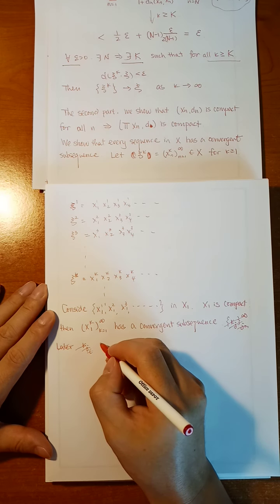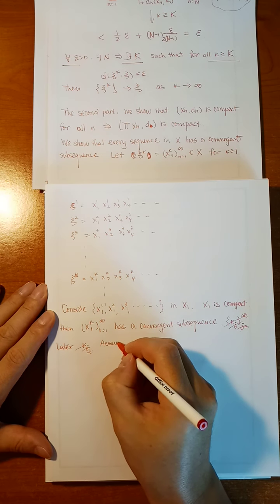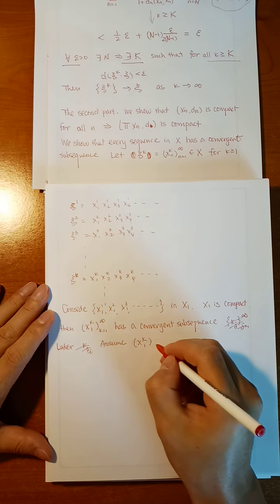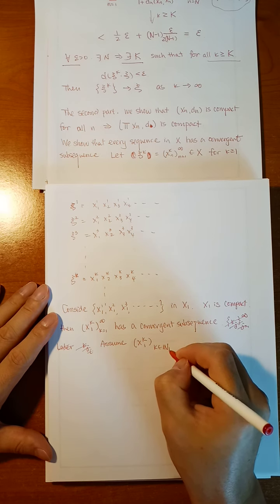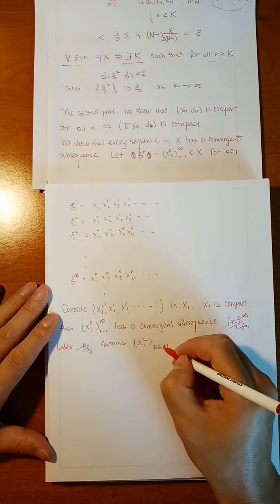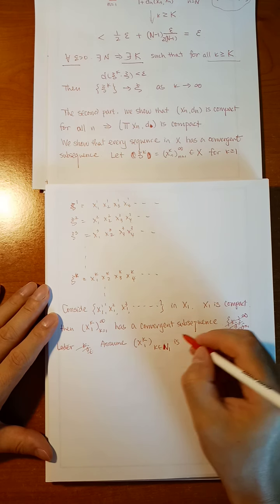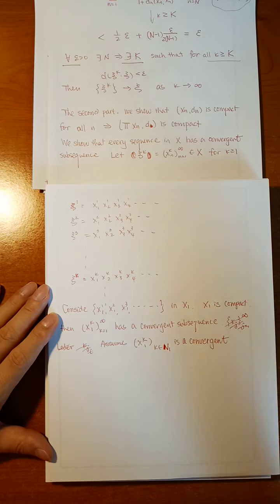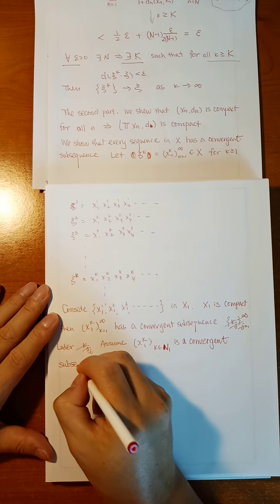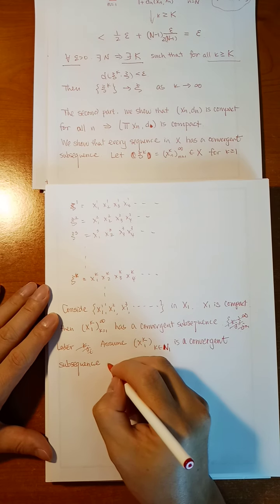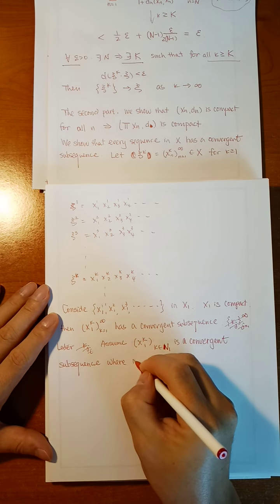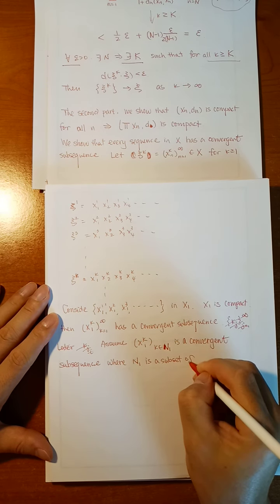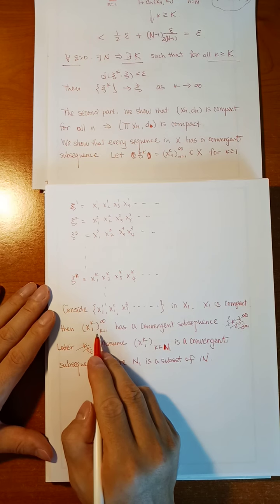Okay. So assume the sequence x_k^1, where k belongs to a subset N1, is a convergent subsequence, where N1 is a subset of N. Here N is the set of natural numbers.